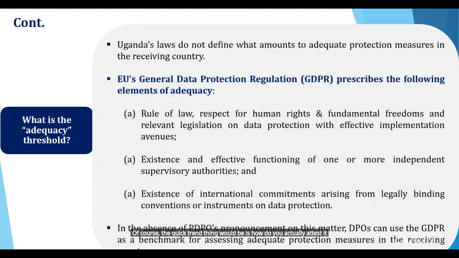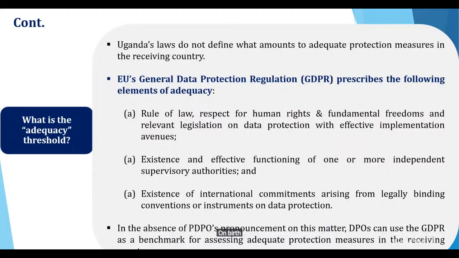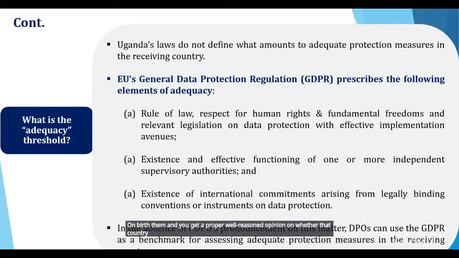Of course, the question then would be how do you actually assess this? The recommendation would be that as a DPO or as a legal officer representing your entity, you could seek the legal opinion of lawyers that are based in the receiving countries that you intend to transfer the data to. So you could onboard them and get a proper, well-reasoned opinion on whether that country has adequate protection measures that are at least the same as what we have in Uganda or even better.